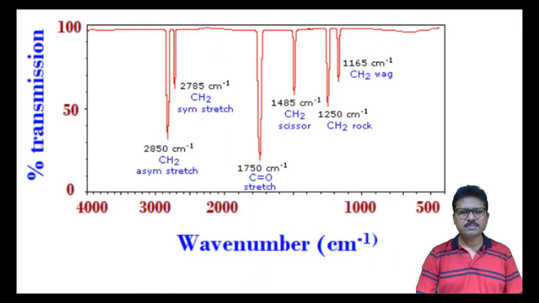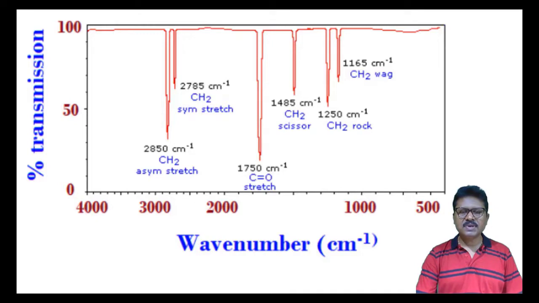Now this is the exact spectrum of formaldehyde. In the IR spectrum, the x-axis is the wave number and the y-axis is the percentage of transmission. Now this wave number is equivalent to the frequency. Frequency is in hertz. The definition of hertz is cycles per second, meaning the number of waves in 1 second.